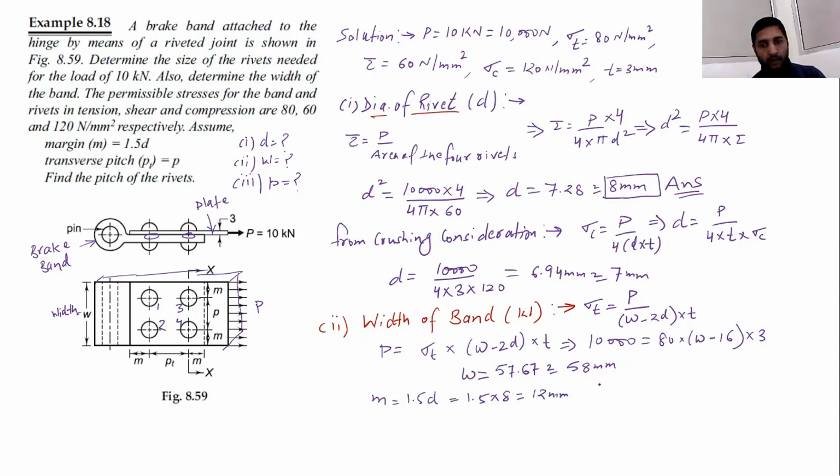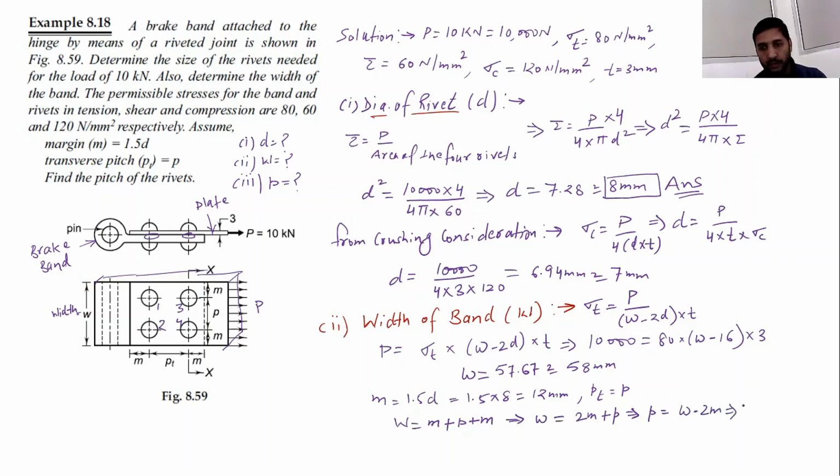And after that PT will be equal to P, transverse pitch will be equal to P. So P निकालना है हमने, और P निकालने के लिए you know जो width है वो किसके बराबर है, ये width को हम लिख सकते हैं, that is M plus P plus M. So we can say this width will be equal to M plus P plus M, ठीक है ना. और इसको ऐसे भी लिख सकते हैं, width will be equal to 2M plus P. From here your pitch will be W minus 2M.